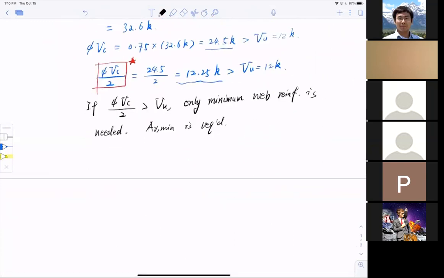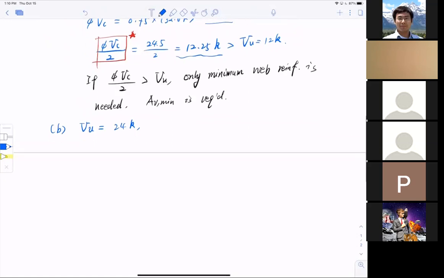First problem, not bad. Okay, so let's take a look at the second, right? In the second part, we increase the shear from 12 kips to 24, doubled it. So immediately you know from previous calculation, phi VC is equal to 24.5 kips.